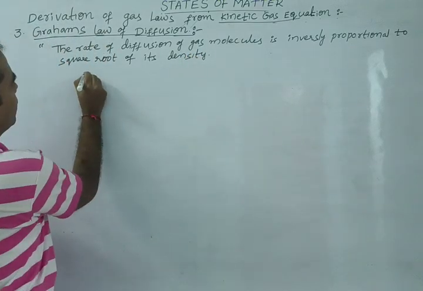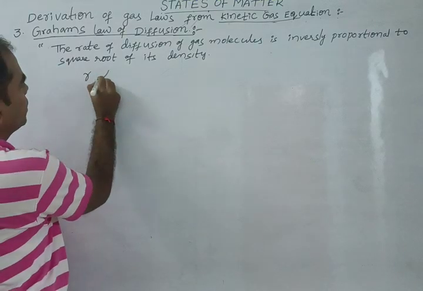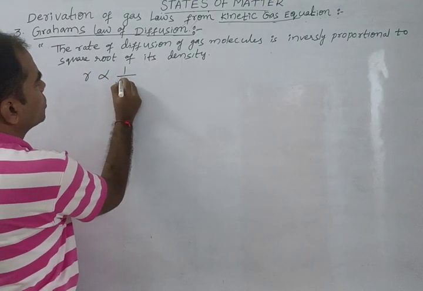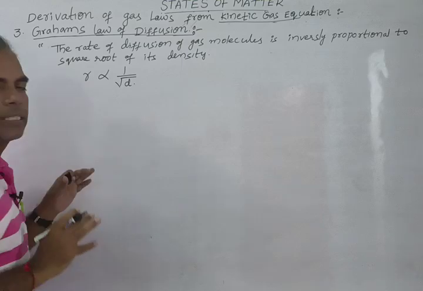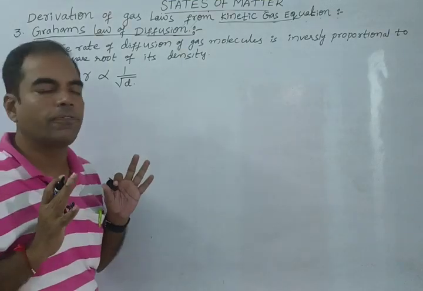That is, R, the rate of diffusion, is inversely proportional to the square root of its density. This is Graham's law of diffusion.